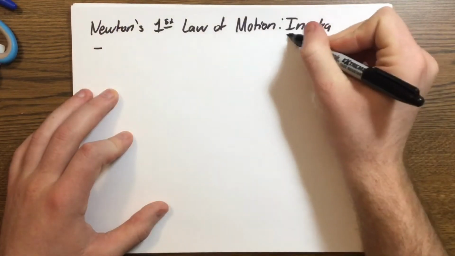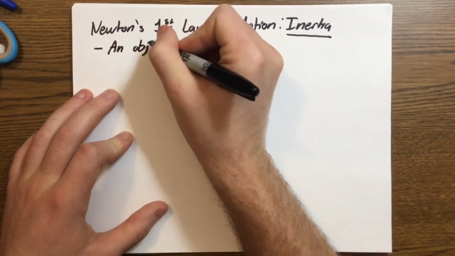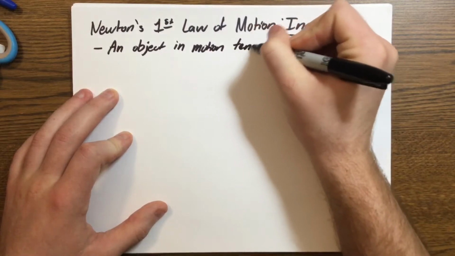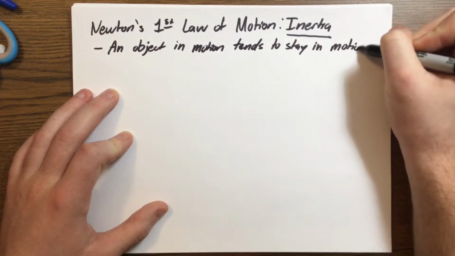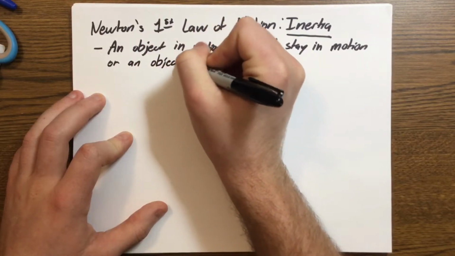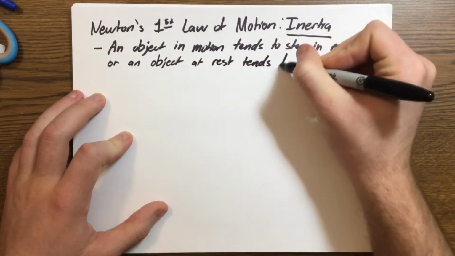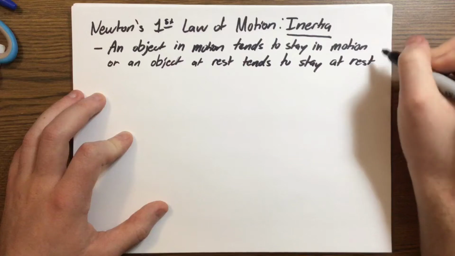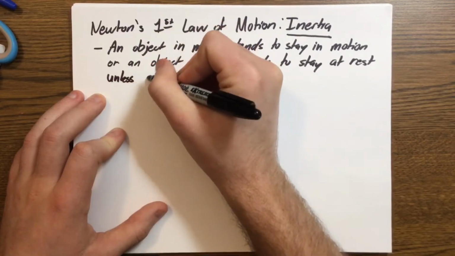So this first law, this inertia, is an object in motion tends to stay in motion, or an object at rest tends to stay at rest unless acted upon by some force.